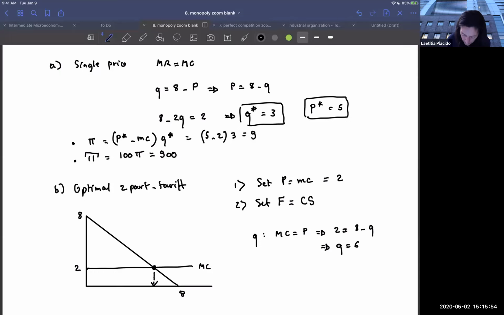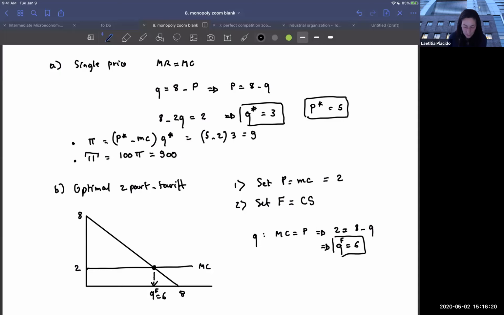So Q equals 6 here. An individual is going to consume 6 drinks at a price of 2. Now the question is, what should be the entry fee for the bar?